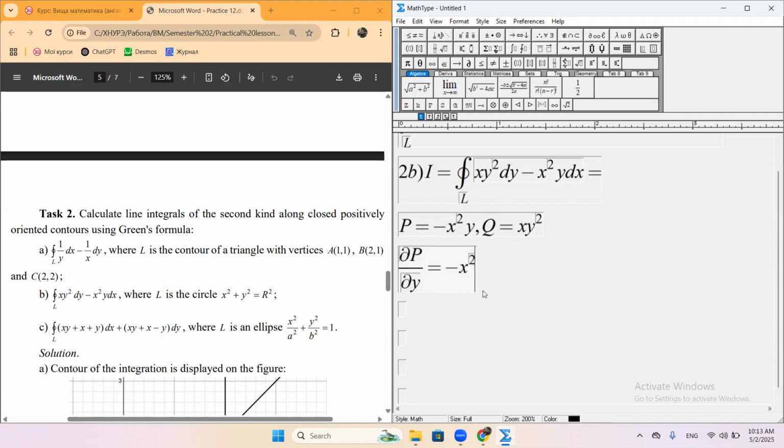Then dq by dx equals y square. So the integral will be the following. Let's write down the integral, and then we will write down limits of integration. So we have y square plus x square dx dy.